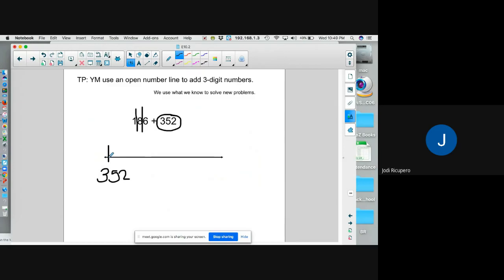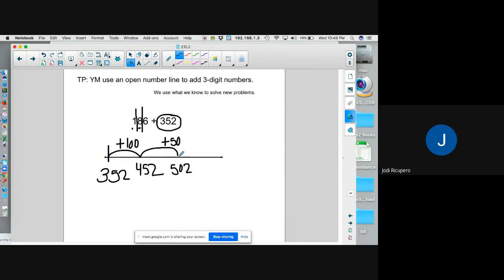So to 352, I need to add 100. 352 plus 100 is 452. Now I need to add 8 tens. So what I'm going to do first is I'm going to add 5 tens. So I'm going to add 50. So now I no longer have 452, I have 502.